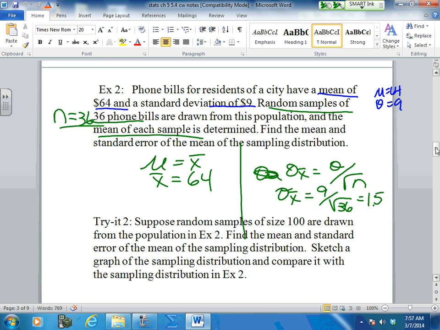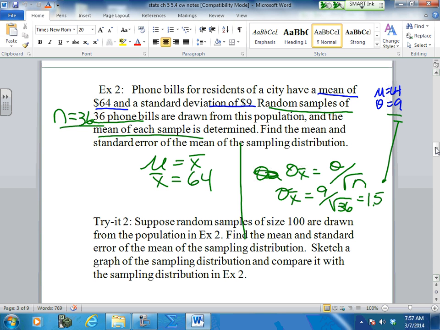Where before this was a 9, look what we did to your standard deviation. What does that do to your normal curve? It shrinks it. It pulls it in a little tighter. If you look at the picture on page 249, you see how it's centered around the 64?